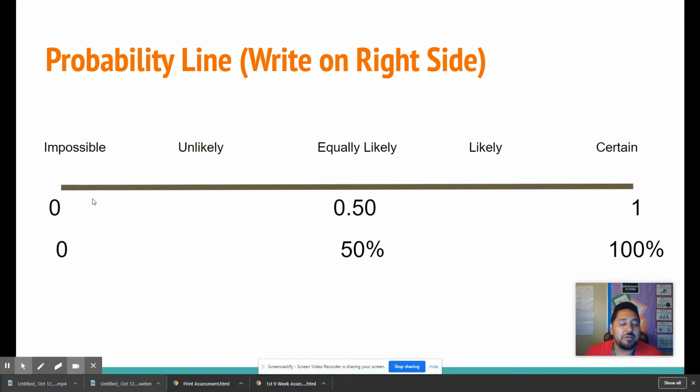There's nothing more impossible than impossible, and there's nothing more certain than 100% certain. And so, when we're talking about mathematical probability, not guessing probability like you do with your friends, like I'm 110% certain. No, you're basically saying you're 100% certain. In mathematical probability, everything is between 0% and 100%.